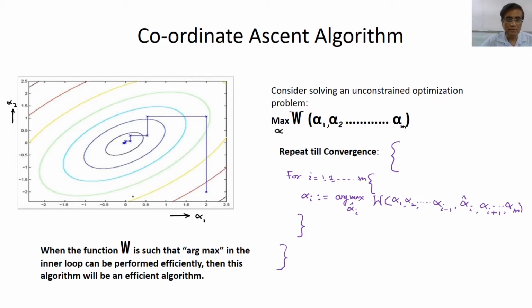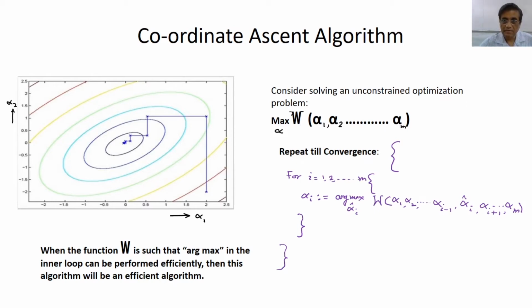Now the coordinate ascent algorithm works like this. Say I have m number of alphas, m may be 1000, and it takes only one alpha parameter at a time, and it optimizes W, making all other parameters constant or fixed.